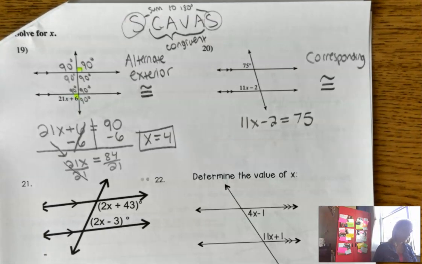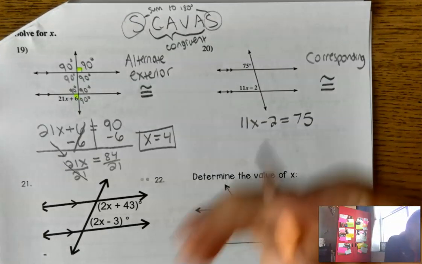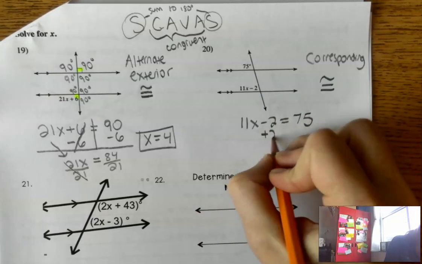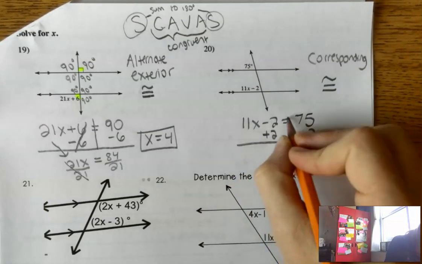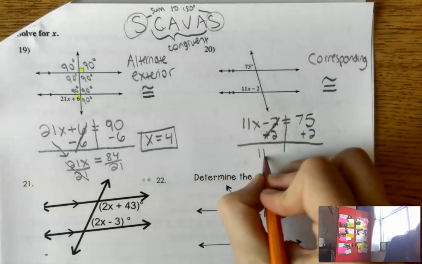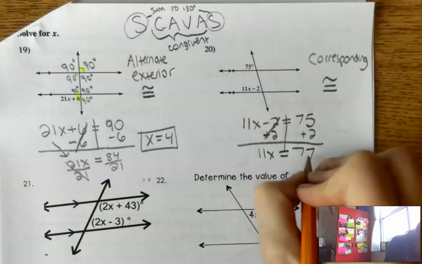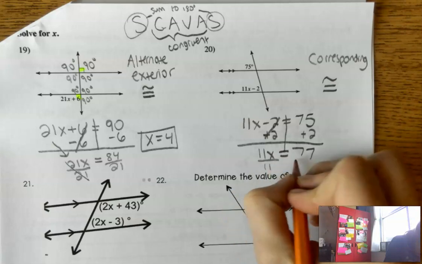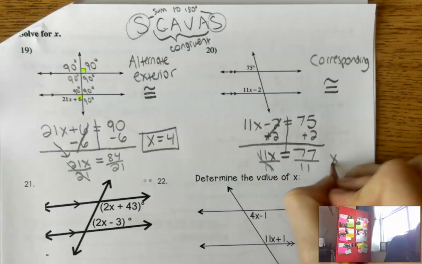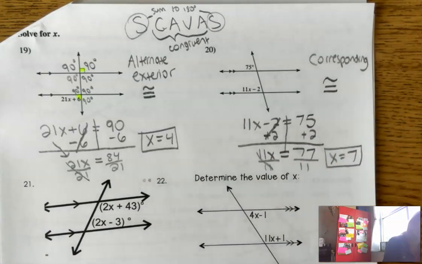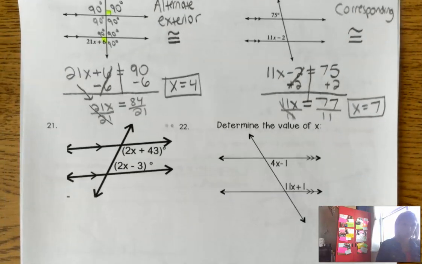All right, I want you to go ahead and solve for x. To solve for x, I add 2 on both sides. So I'm going to get 11x is equal to 77. Now I divide both sides by 11, and I get x is equal to 7.